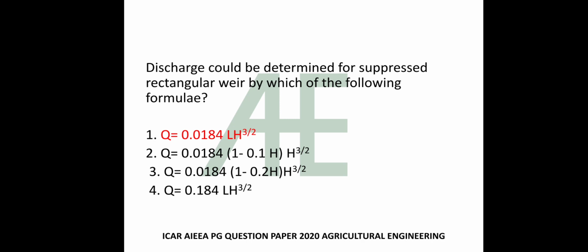The answer is Q is equal to 0.0184 LH raised to 3 by 2. If the rectangular weir has one side contracted, then the formula becomes the second one, and if both sides are contracted, then the formula becomes Q is equal to 0.0184 (1 minus 0.2 H) into H raised to 3 by 2.